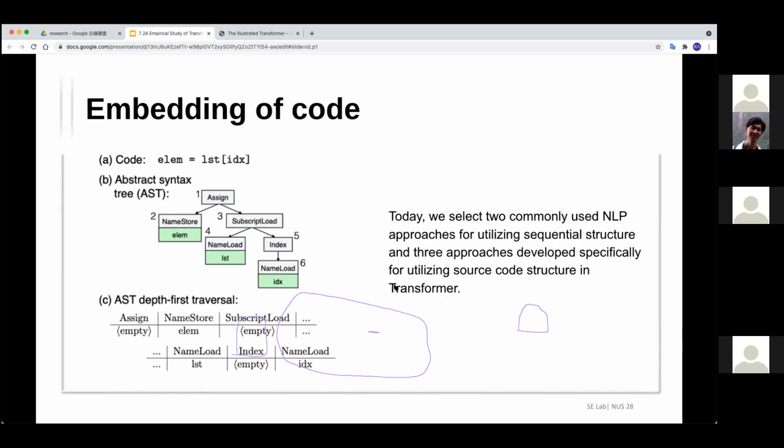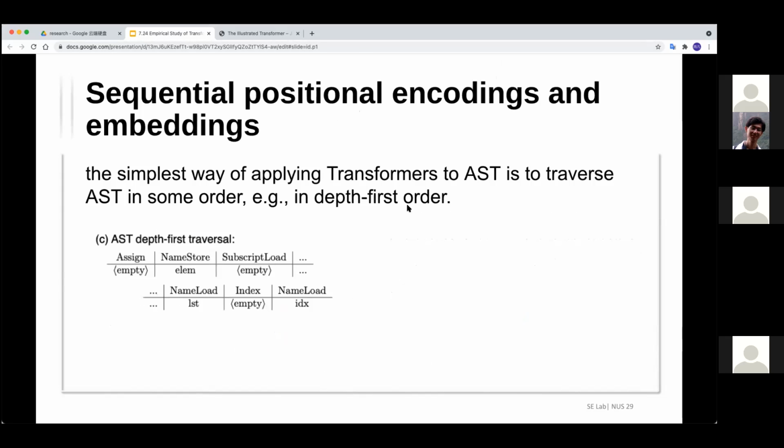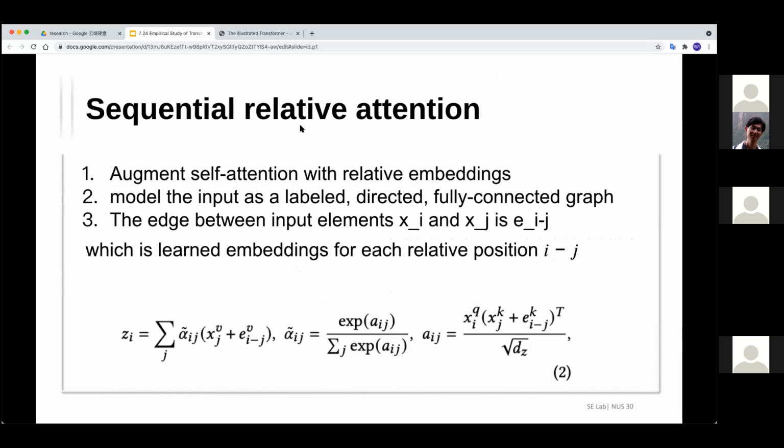Okay, so basically I still have some ideas about how to do the embeddings. Maybe you can go through all these 4 solutions and I will have my comments. Okay, so then we have a sequential relative attention. This attention just adds some weight according to the position on the attention here. So remember this.